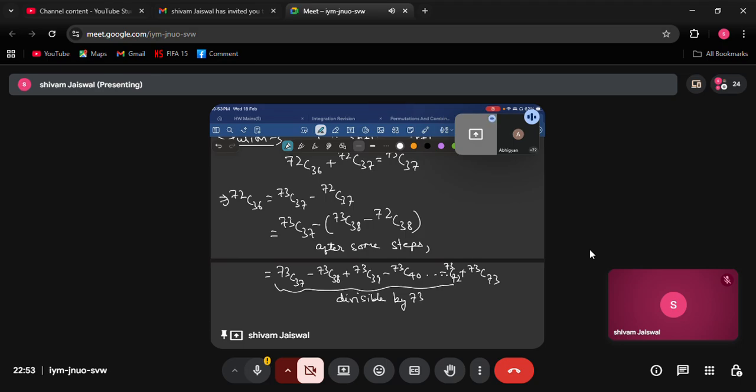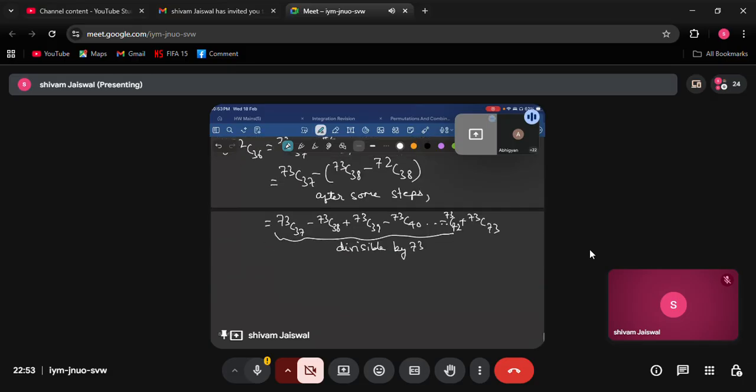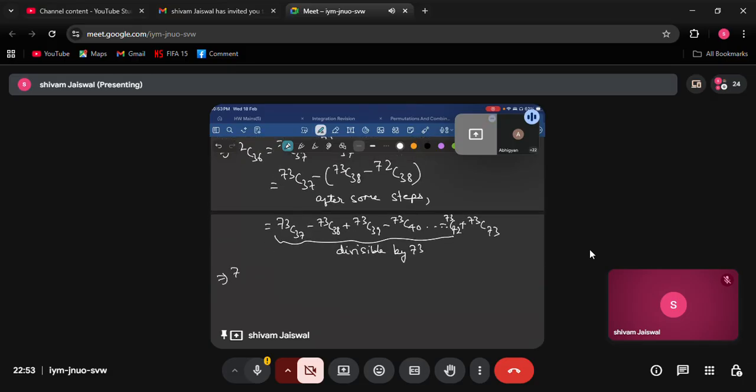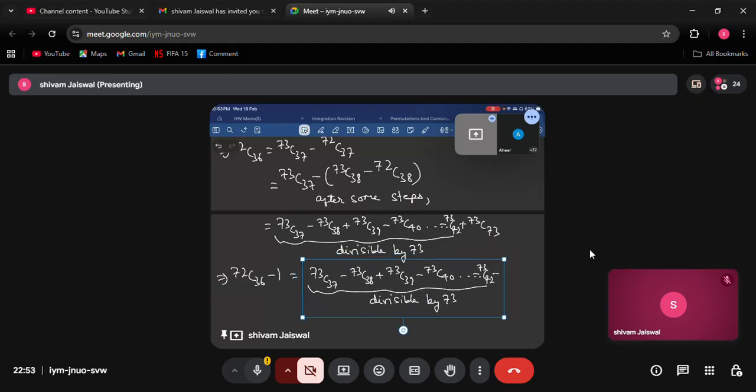Taking 73C73 to the left hand side, what are we getting? This implies 72C36 minus 1 is equal to this whole expression, which is divisible by 73. Is it clear to everyone? Yes, sir. Anyone having any doubt, you can ask me now.